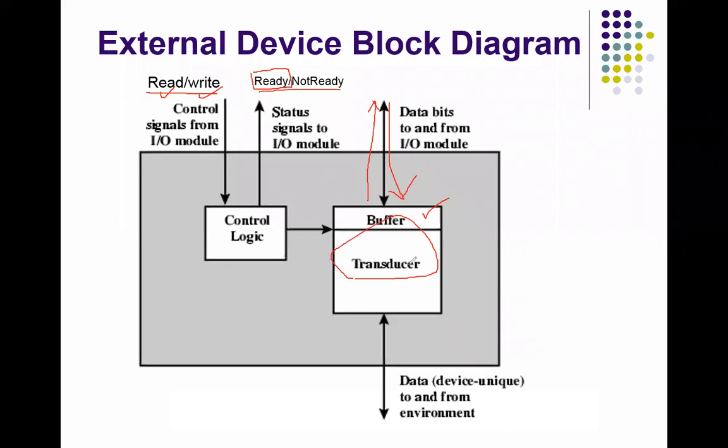By the name you can understand, transducer means transfer. We have to change the data format. There are different peripheral devices, so many times we have to convert our electrical signal to another form and again from another form to the electrical signal. This is the job of the transducer, to transfer data into another form.